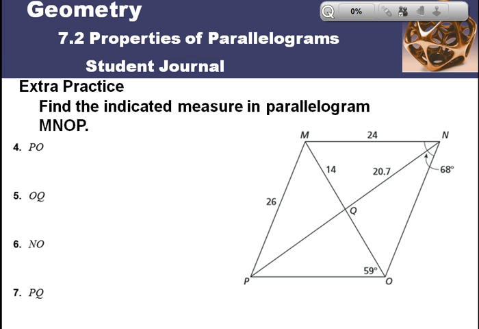And while they're drawing, let's look at this. It looks like we're looking for side measures. It says side PO. Remember, PO without anything over the top of it means the length of PO. So let's maybe remind ourselves of that. I'll write it up here.